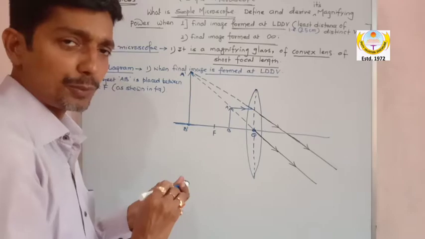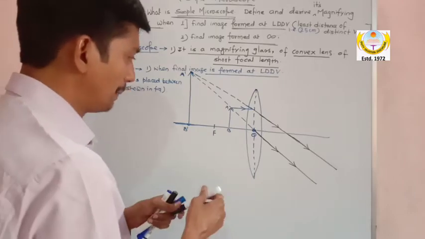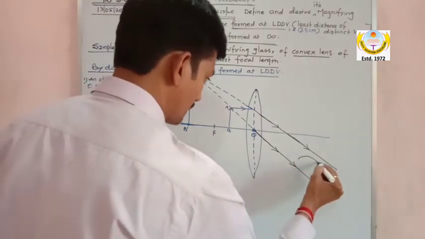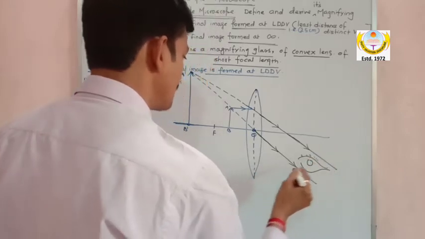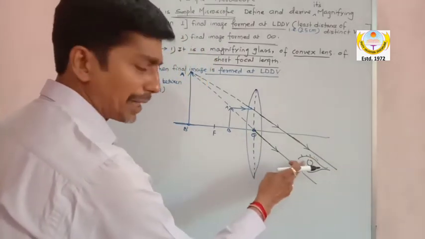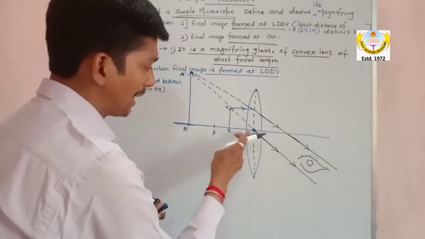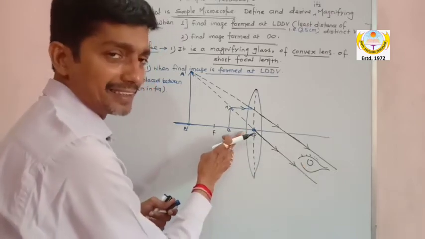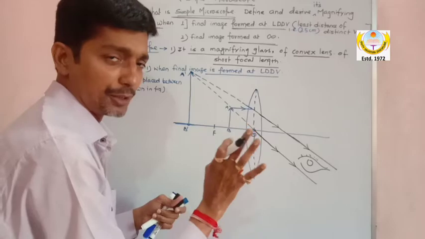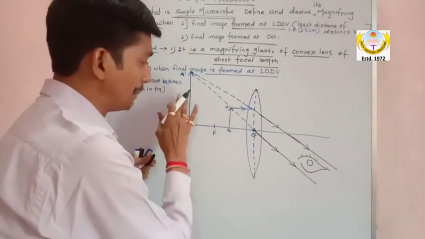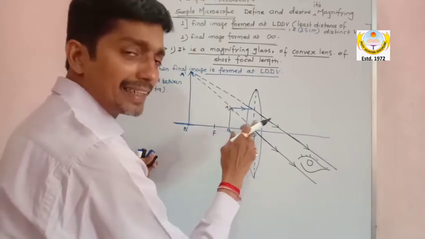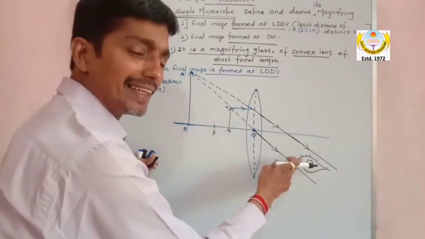My dear, let us do one thing. Here, suppose there is an eye. Whatever angle is subtended at the eye is the same angle subtended at the lens. Make sure the angle subtended at the lens by the image is the same as the angle subtended at the eye.